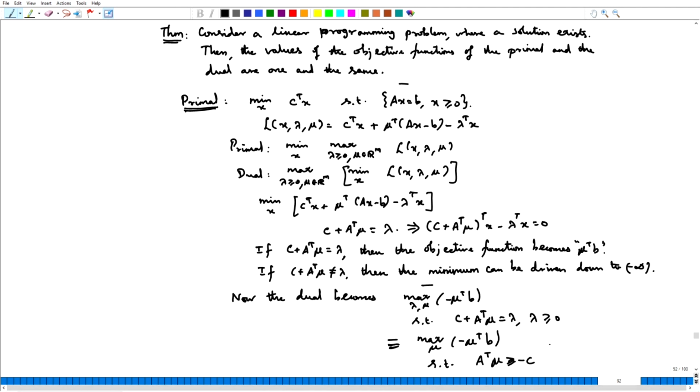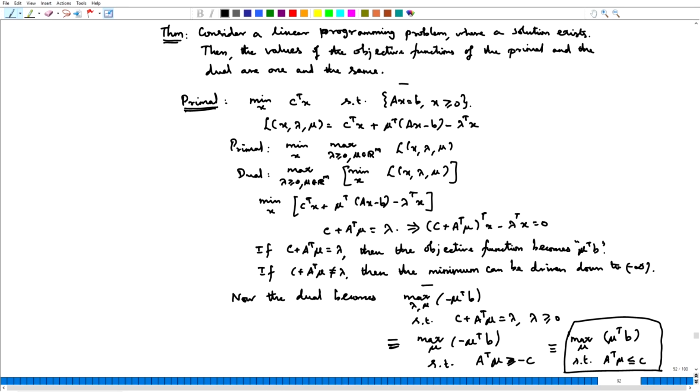Now this problem would equivalently be written as max mu transpose b, because mu has become minus mu, subject to minus A transpose mu greater than or equal to minus c. Multiplying throughout by a minus, you get A transpose mu less than or equal to c, max over mu. This is more pleasing to the eye than writing the maximum of minus mu transpose b. So we will consider this as the dual.